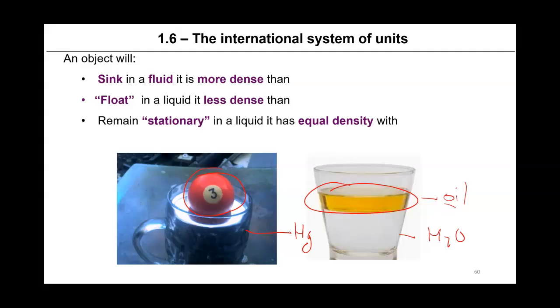An object will remain stationary in a liquid it has equal density with. What that means is, if we have a liquid and we put an object in there that has the same density, wherever we place it in the liquid, it will neither rise nor sink. It will stay exactly where we put it, which is kind of cool.